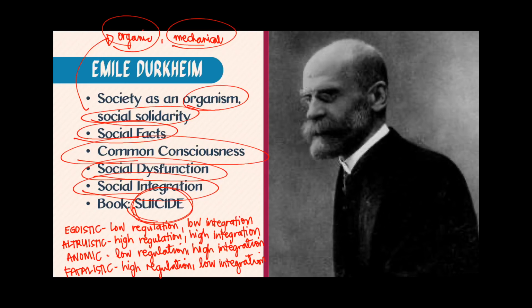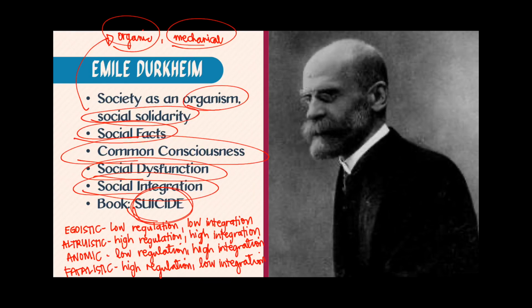That's why he committed suicide. So he had high integration with his community, with his family, but he had low regulation because of his situation of what he thought was being a COVID-19 patient.